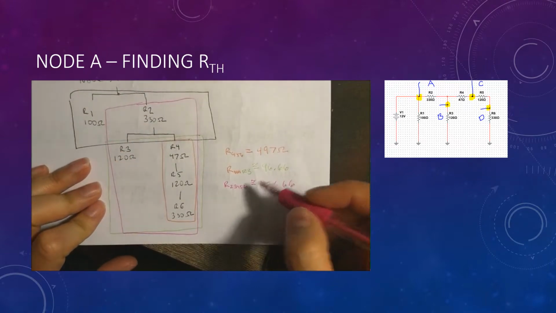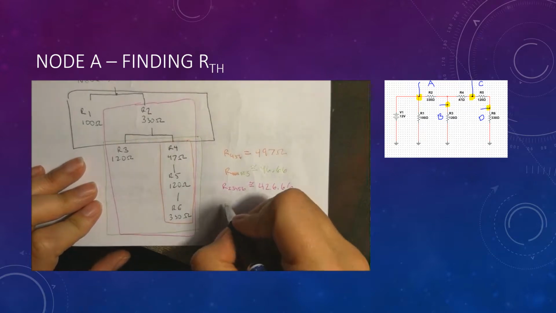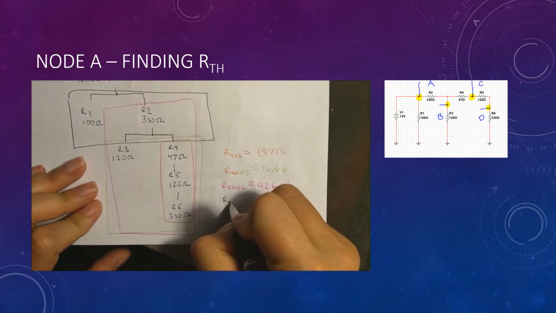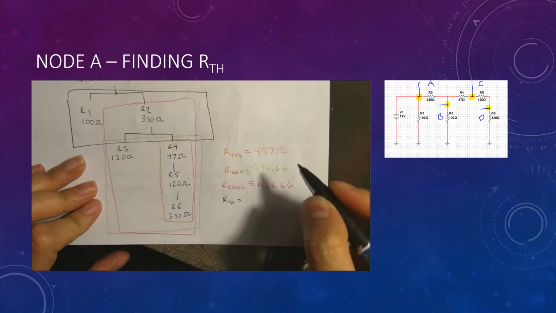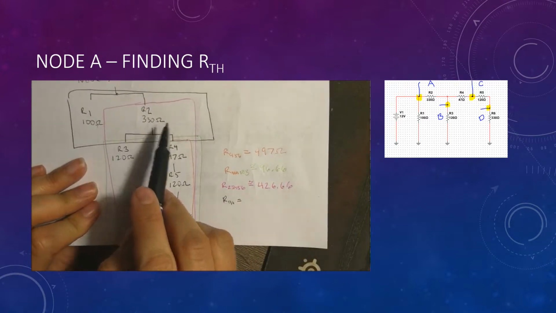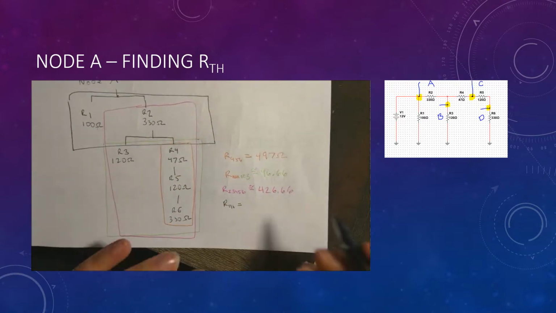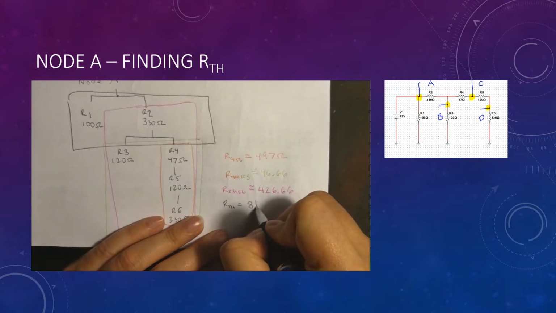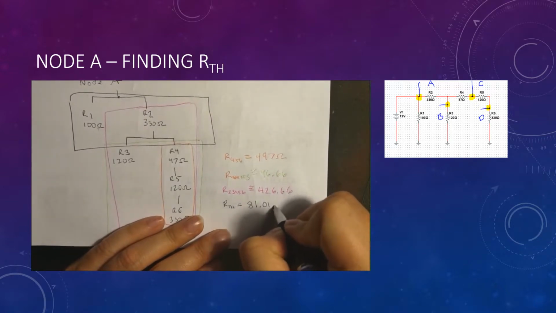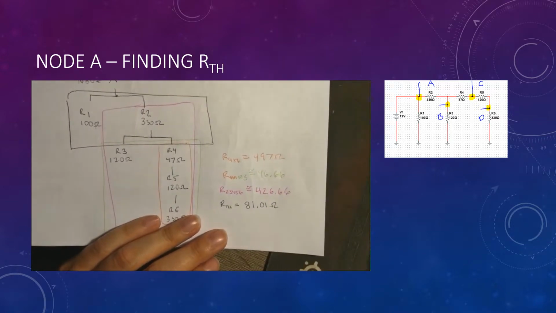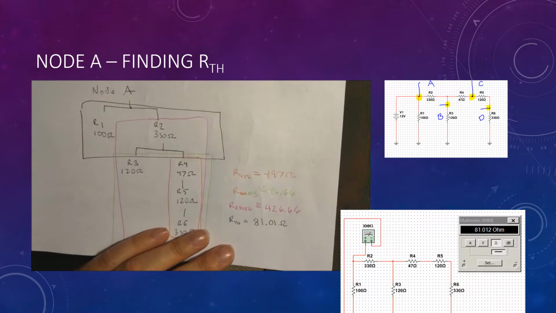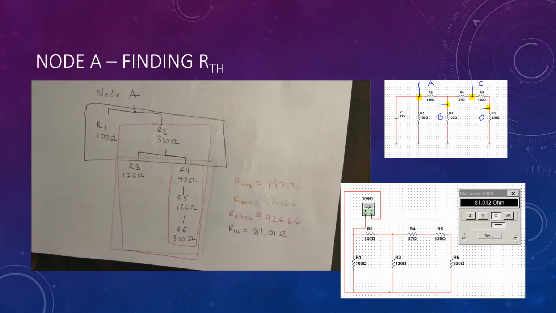Taking that result and solving with R1 in parallel, we will have approximately 81.01 ohms. Verifying this circuit in Multisim, we can see that the answer is 81.012 ohms.